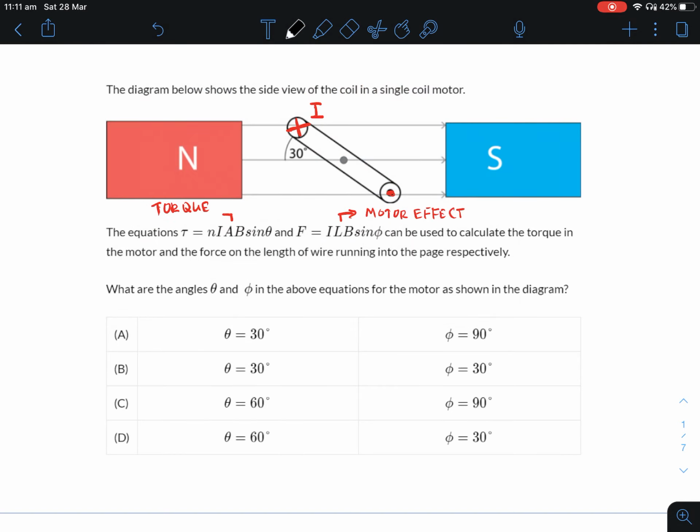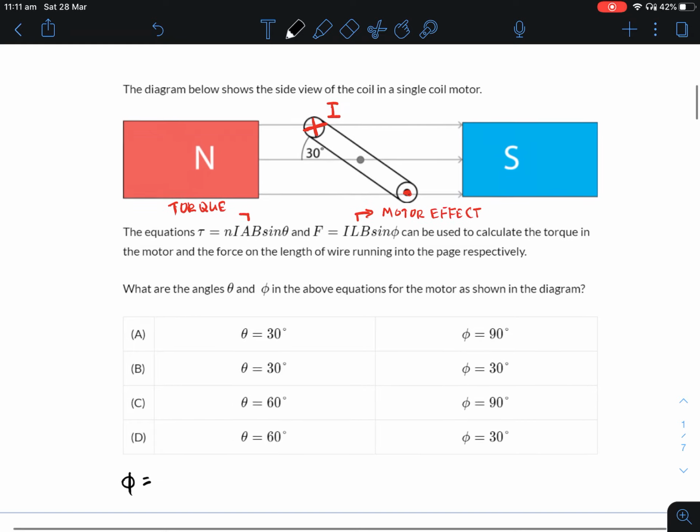In the motor effect, let's start with this one over here. In the motor effect, okay, let me write it down. F equals, so maybe over here, phi. What is phi in the motor effect?